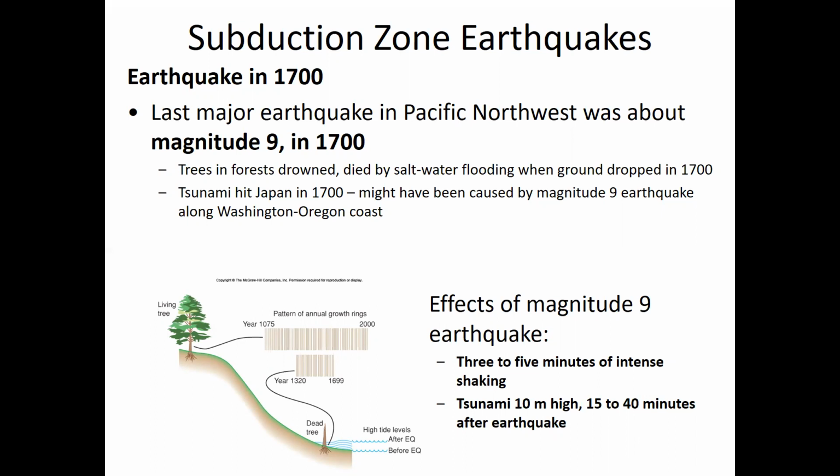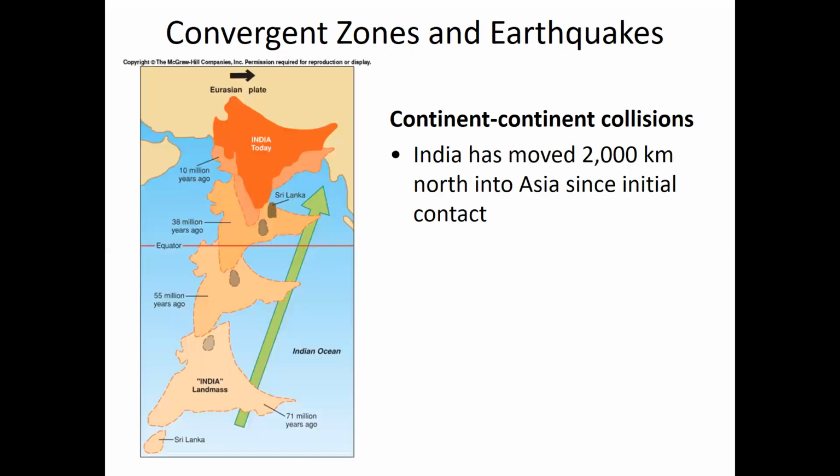So the effects of a magnitude 9 earthquake would be 3 to 5 minutes of intense shaking, and it would likely trigger a tsunami 10 meters high, 15 to 40 minutes after the earthquake. So we have a very large hazard in the Pacific Northwest, seismic hazard that is. And so the question is, what are people doing now to mitigate that event?